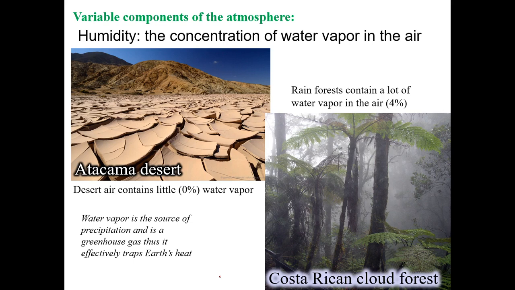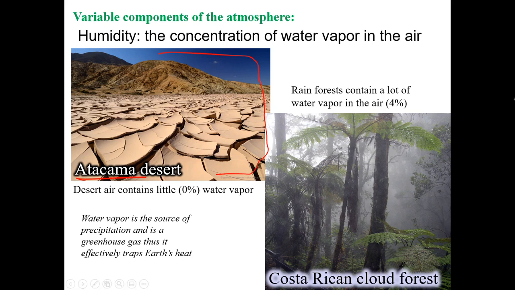So humidity, though, is probably the biggest variable component of our atmosphere. The atmosphere can sometimes be very dry in certain places, like the Atacama Desert, the driest place on Earth, which is in Chile, just to the east of the Andes Mountains. It has very, very little moisture in the air and in the ground.